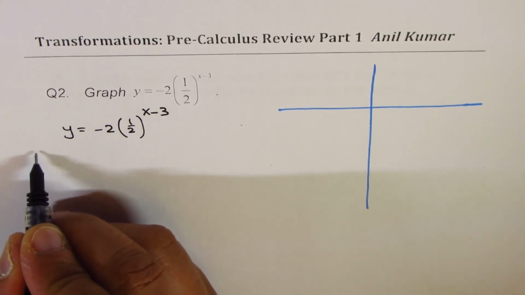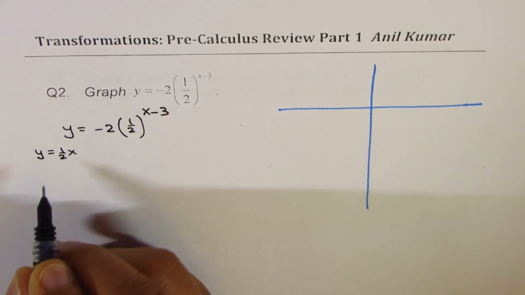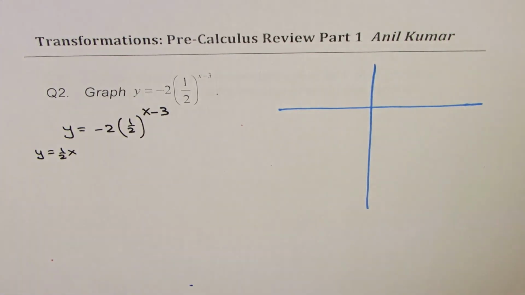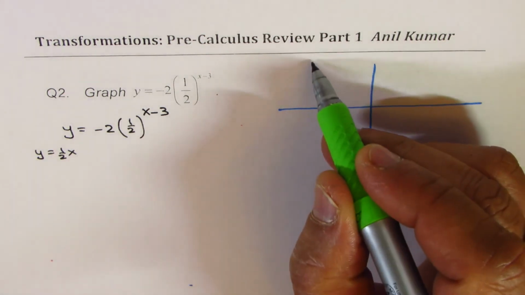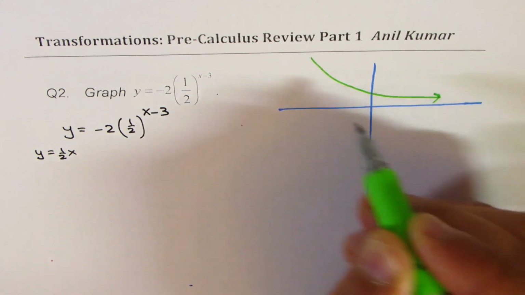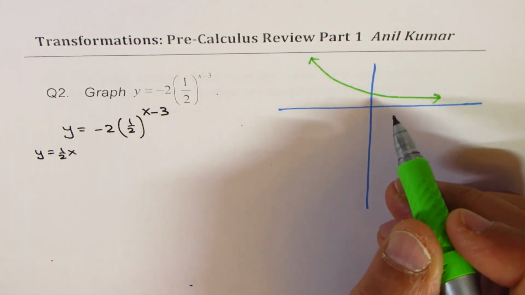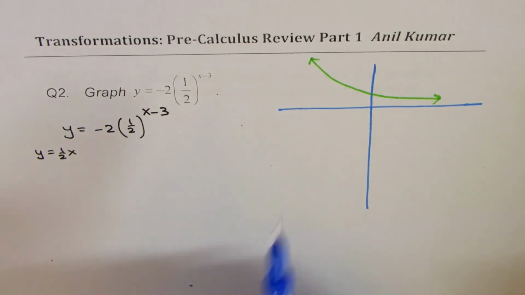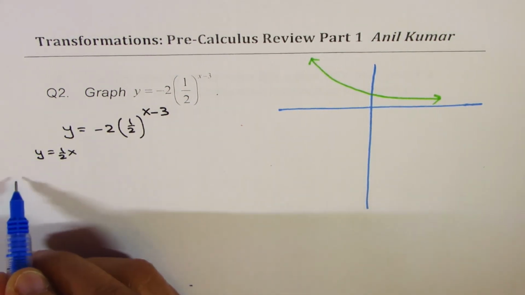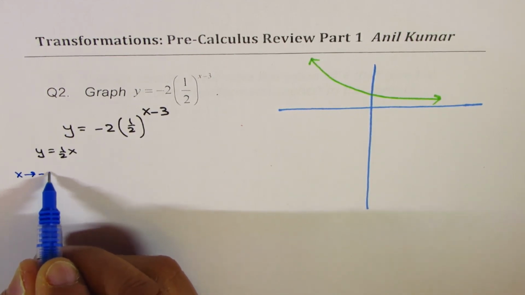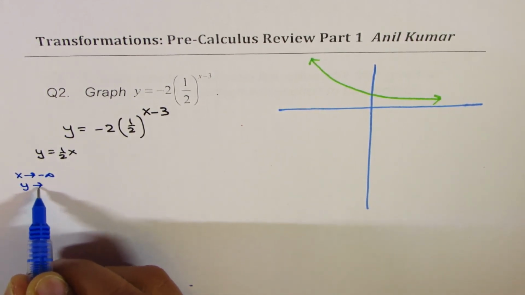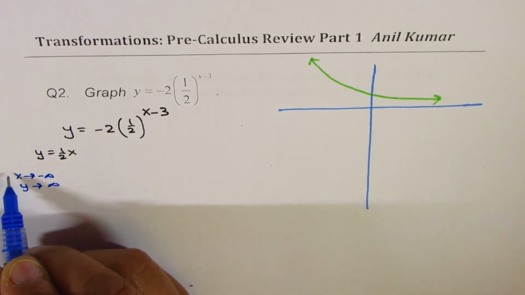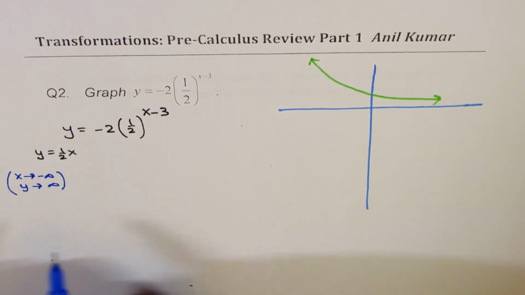Now to graph the function, we can write down the transformed points. So if you consider y equals half to the power of x, in that case, what are your key points? Let me sketch the function. y equals half to the power of x will be kind of like this, right? Because if x approaches minus infinity, y will approach plus infinity. So that is one thing to consider.